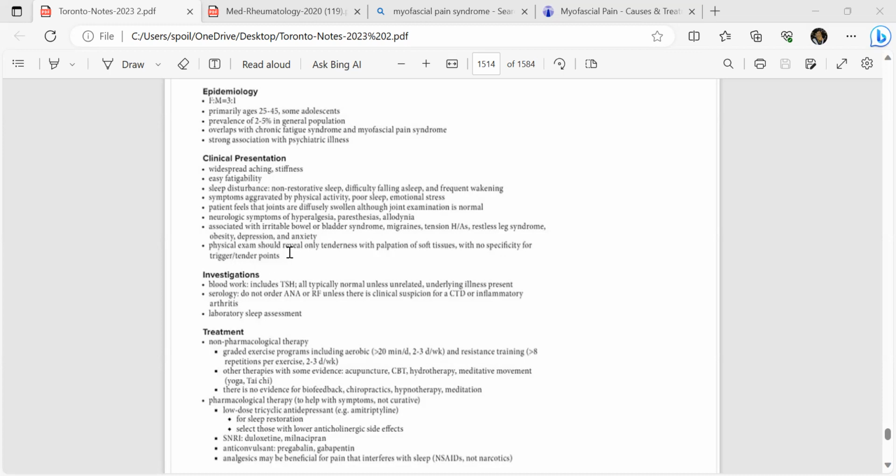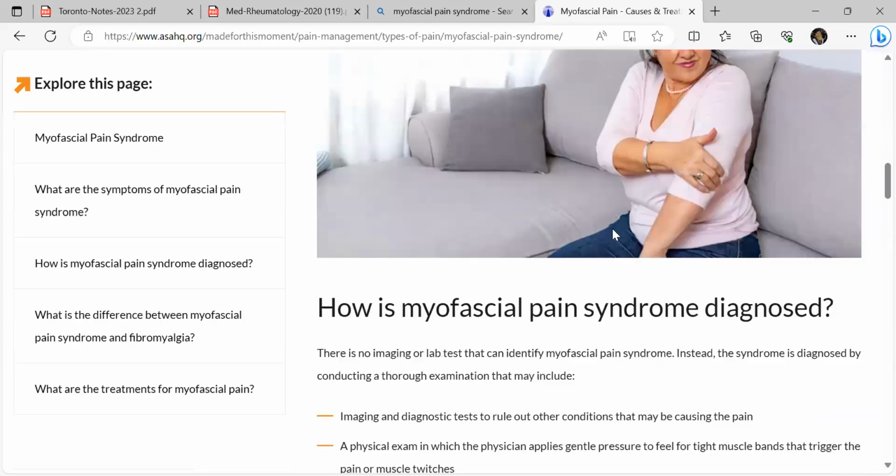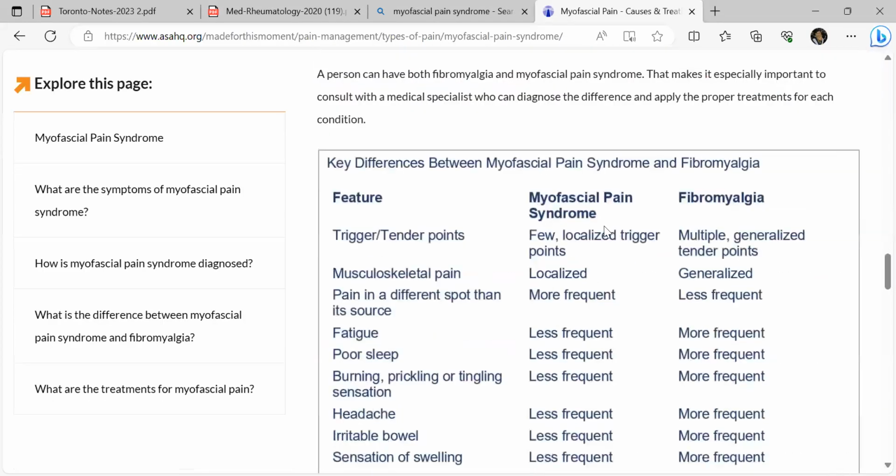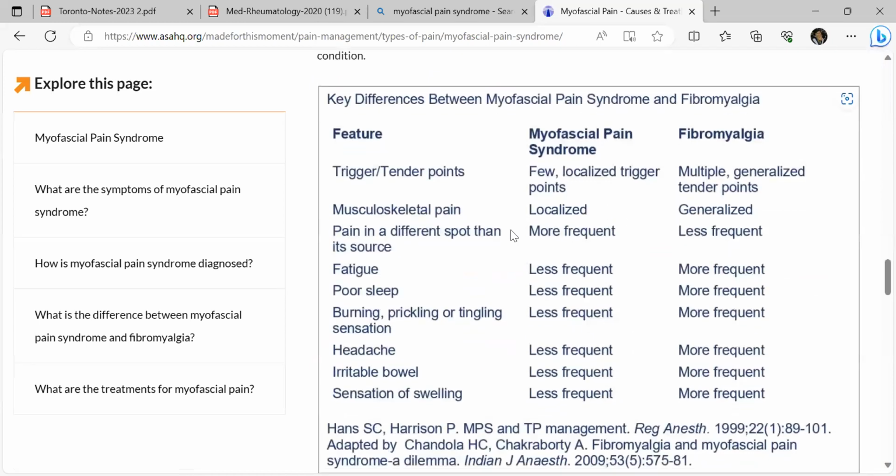When we palpate the soft tissue, it will just reveal tenderness with no specificity for trigger and tender points. As we just read, there are trigger points in myofascial pain, whereas in fibromyalgia there are no trigger points.